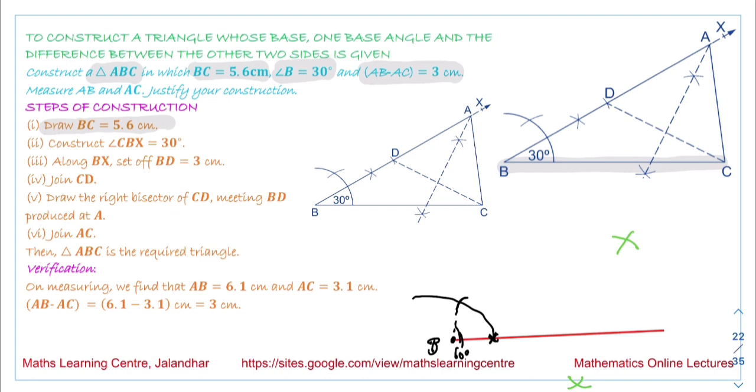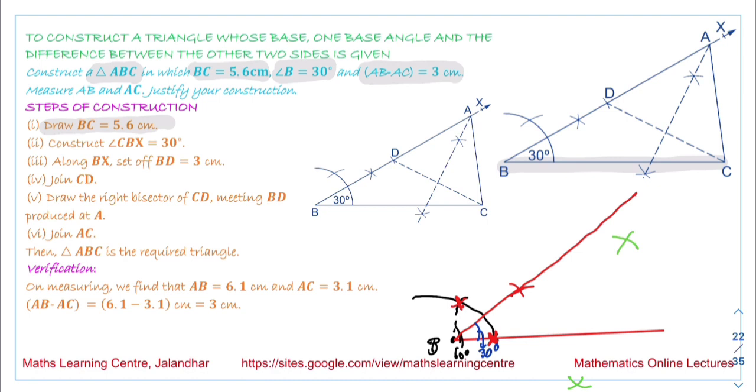Then we have to bisect this angle. To bisect this angle, by keeping the compass at this point, we will mark an arc over here. By keeping the compass at this point, we will mark an arc over here. And when we join these points, we will get an angle of 30 degrees.